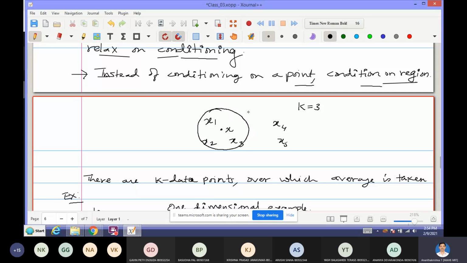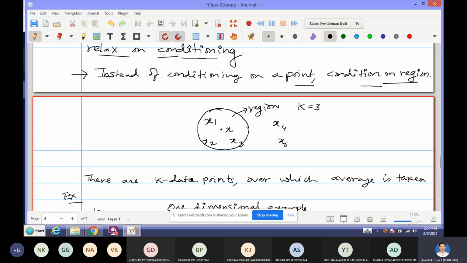Instead of conditioning on every point, you now condition on this particular region. By doing that, for that region, we assume that the output is constant. Indirectly it is assumed.